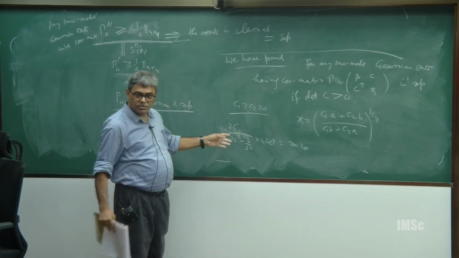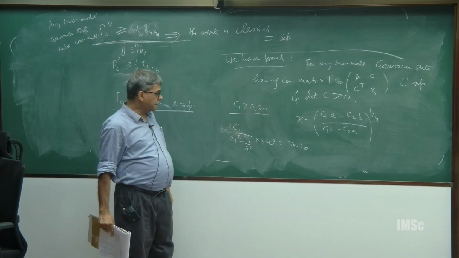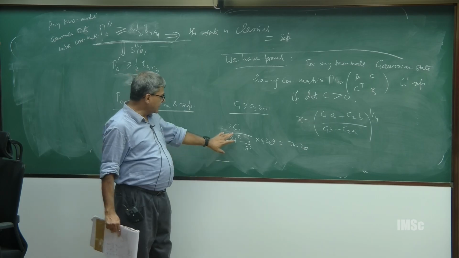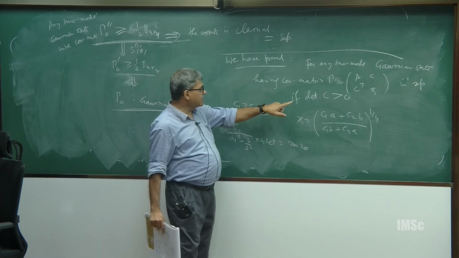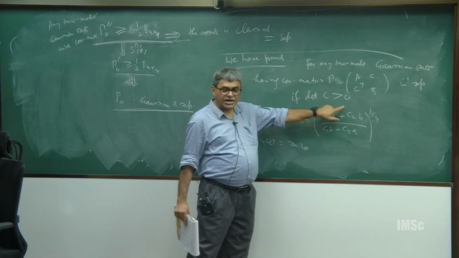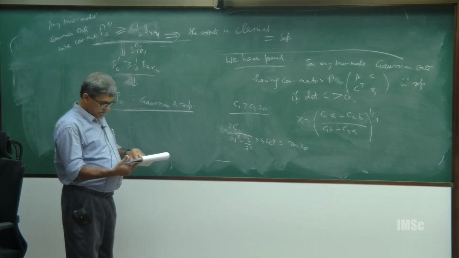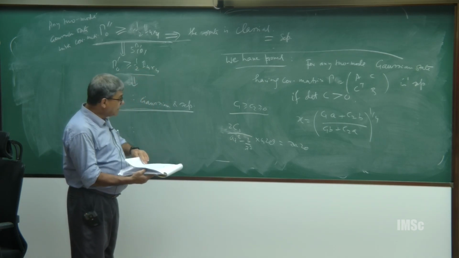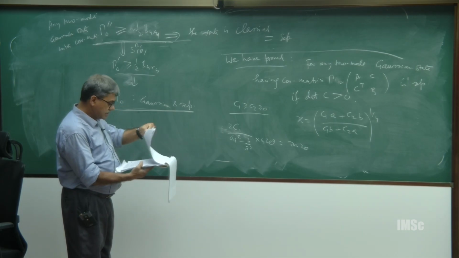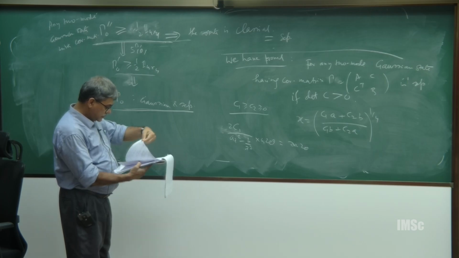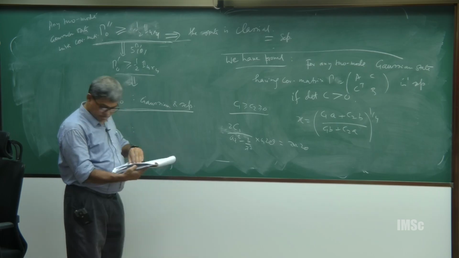C1 can be 0, but if C1 is 0, C2 is also 0. We have assumed in this case that neither C1 nor C2 is 0, but you can also have the case where the determinant of C is 0, in that case C2 has to be 0. Anyway, so basically this is what we have proved, and then what is the time now? Let me see.